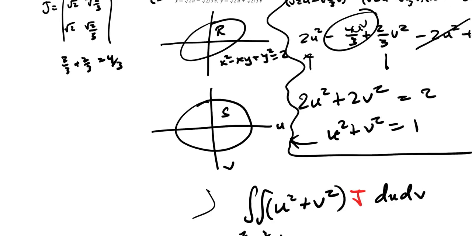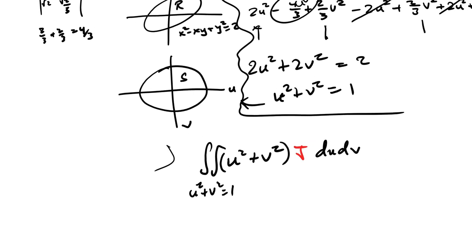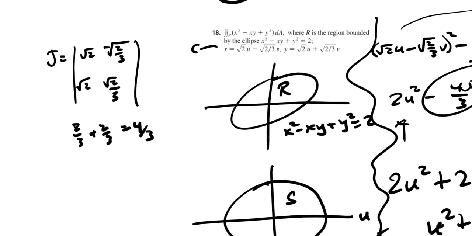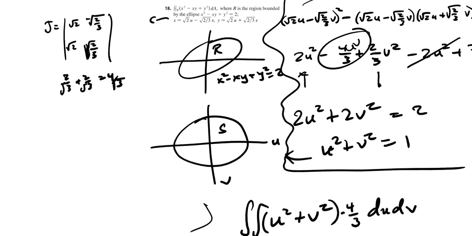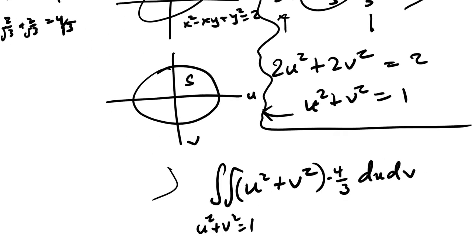So multiply by 4/3. Oops, I think this is square root of 2/3, like this. So that would be square root of 3, square root of 3, and now this is 4 over square root of 3.